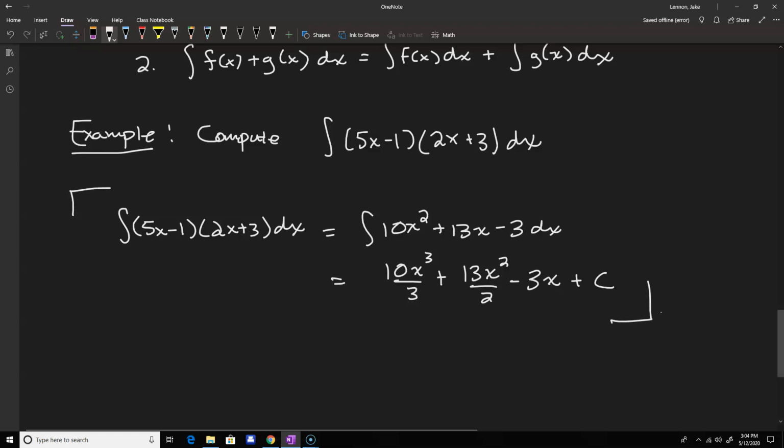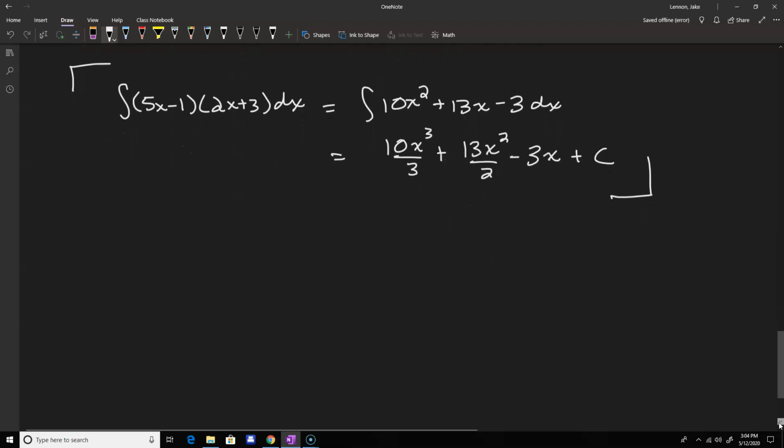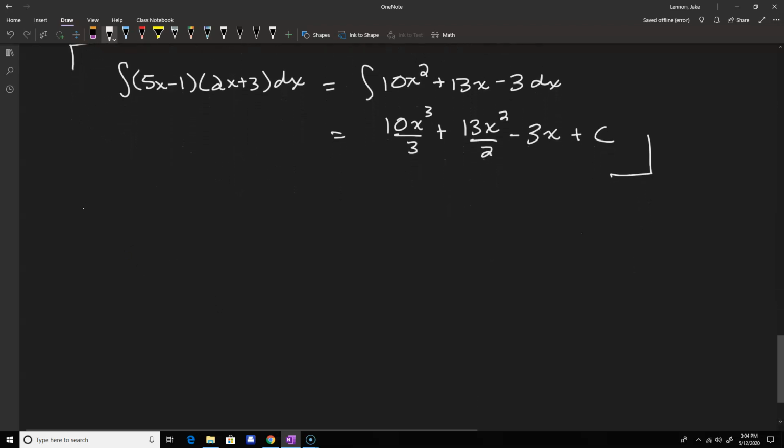Okay, so let's think about trig functions. What are the antiderivatives of the trig functions that will be easily available to us right now? So let's recall the derivative formulas for the trig functions.